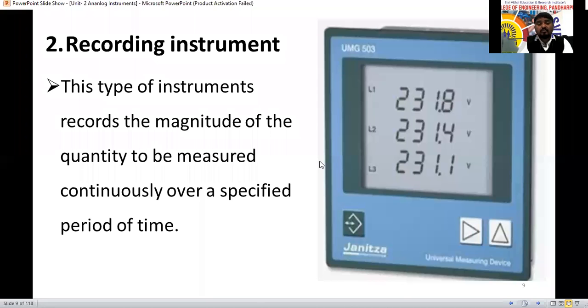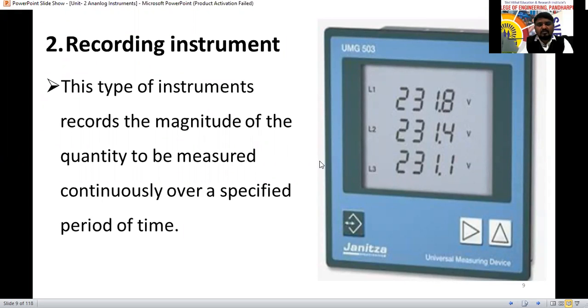Like that, the instruments are there. They are going to display as well as, in the background, record all the parameters over there. For daily, we want to record for 24 hours, so they are going to record that. See, 12 morning, 6 AM, how much voltage was there? 7 AM, 8 AM, like on an hourly basis, it is going to record.